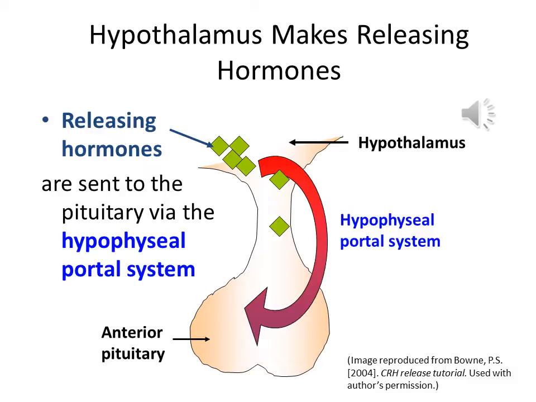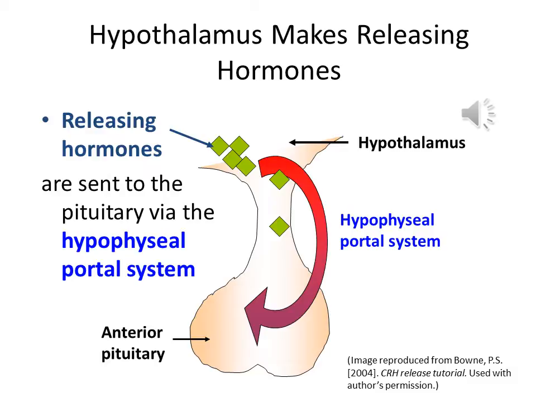The gonadotropin releasing hormone is related to the reproductive organs. The growth hormone, we talked about that earlier. The thyrotropin releasing hormone is related to the thyroid, and the corticotropin releasing hormone is related to your adrenals.